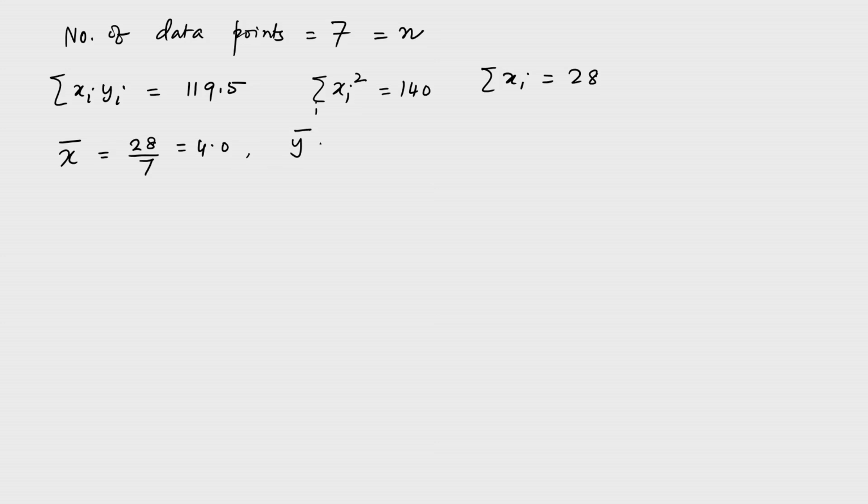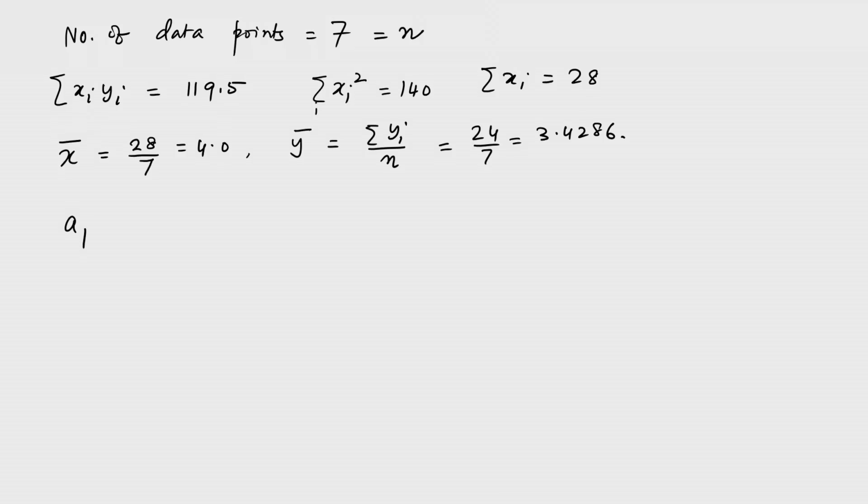Y bar is nothing but sum over y_i over n, which is equal to 24 over 7, which has already been calculated, 3.428586 and so on. So, these are our preliminary calculations of all these average values of x_i, y_i, x_i y_i and x_i square and things like that.